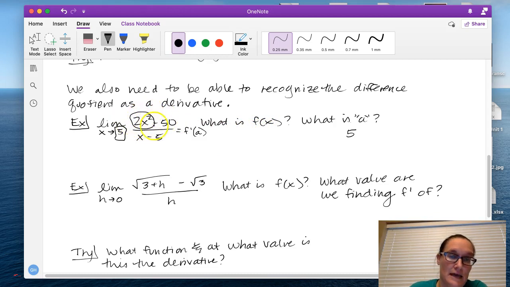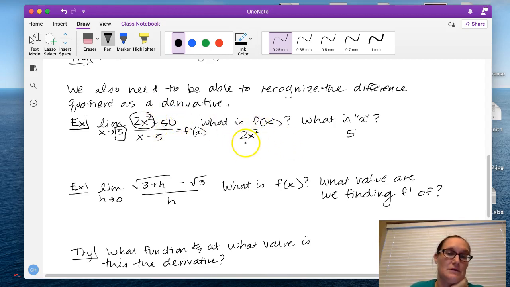But anywhere you see an x in the numerator should be f of x. So this is going to be 2x squared. Now we could double check that it's not like 2x squared minus 1 and they combine the minus 1 right here. By plugging 5 into this, it should work out. If we plug 5 in, we get 25 times 2, which is 50. So yes, we should see that there, even if they combined constants.